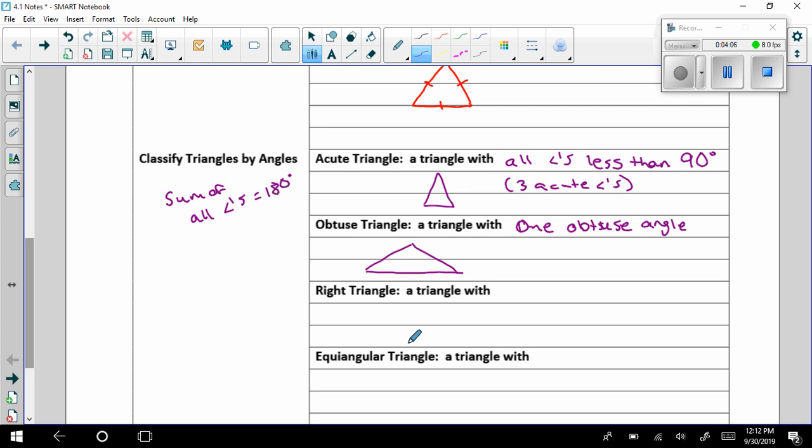So something like that. And then a right triangle is a triangle with one right angle. Again, having more than one right angle would result in a shape other than a triangle.